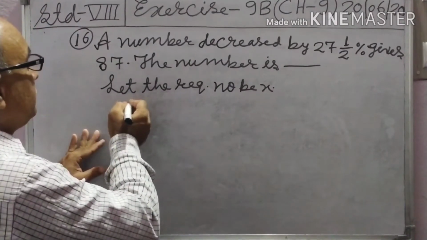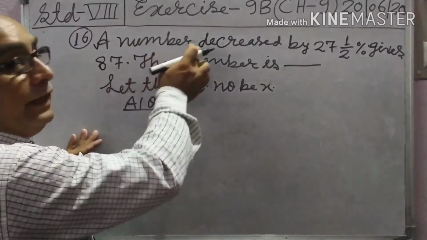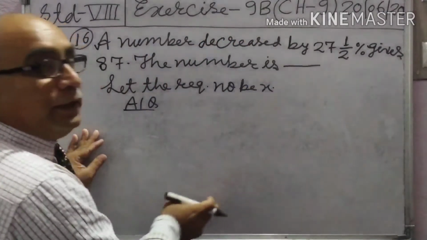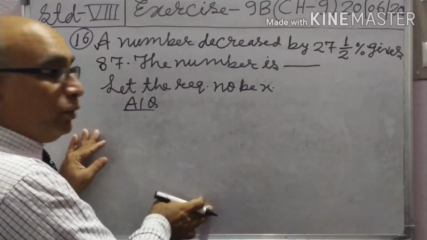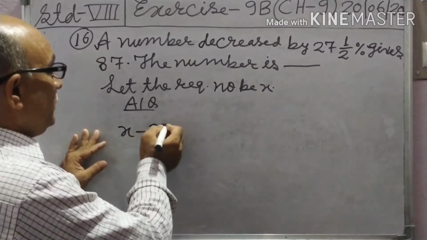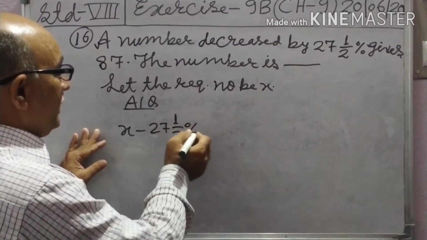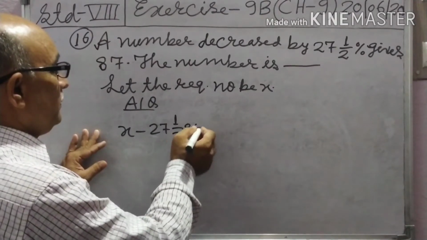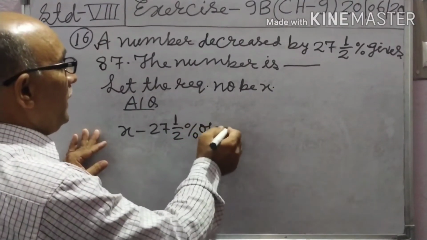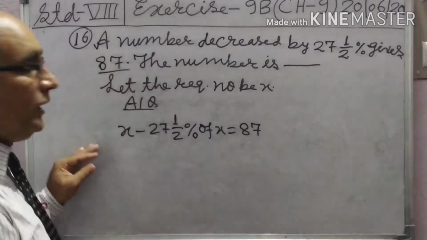According to the question, a number decreased by 27 whole 1 by 2%. So x minus 27 whole 1 by 2% of x equal to 87.